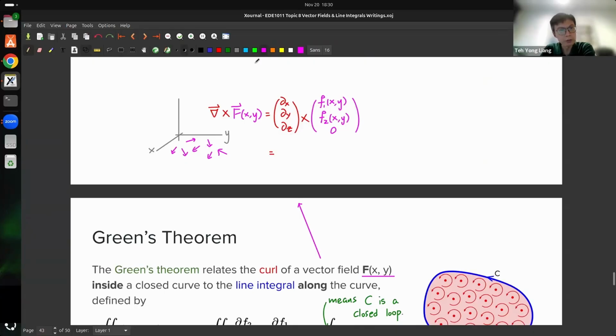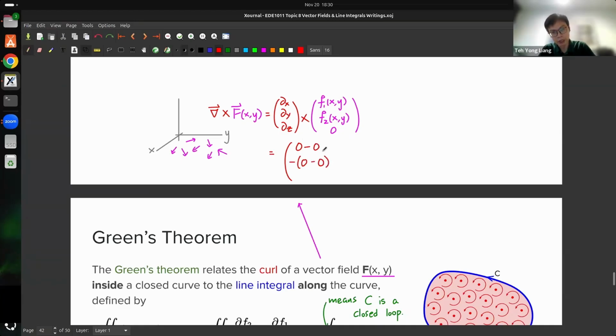So when you compute this curl, you notice that if you cover this first row, you take this one operating on 0, so you get 0, correct? Then minus del z on F2. But F2 is only a function of x and y, so therefore it has to be 0. So 0 minus 0 for the x component. Then for the y component, you also get 0 minus 0.